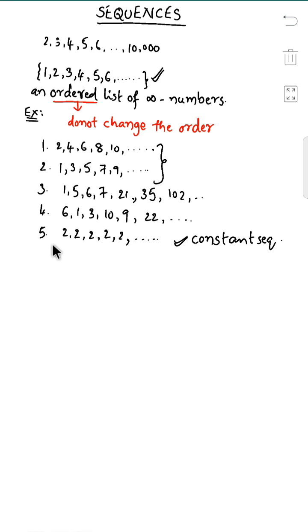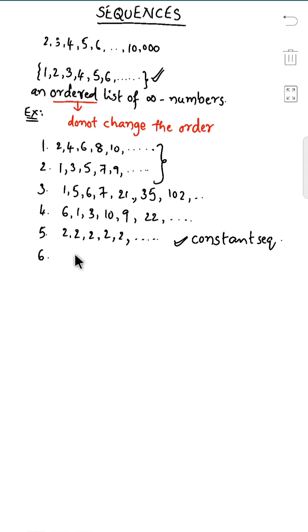These are some of the examples of sequences, and we can give another example also. See here, all the numbers are natural numbers here, but the sequence need not be natural numbers. The domain within which you are defining determines the terms of the sequence.